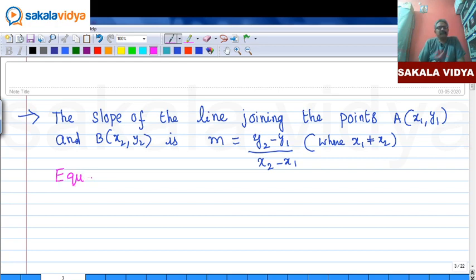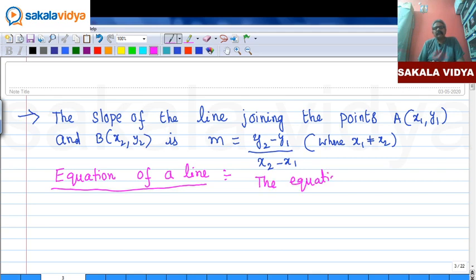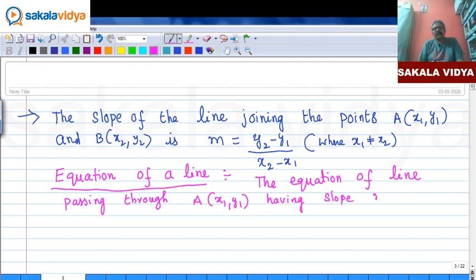So, now equations of a line. For example, the equation of a line passing through A (x1, y1) having slope m is given by y minus y1 equals m into (x minus x1).